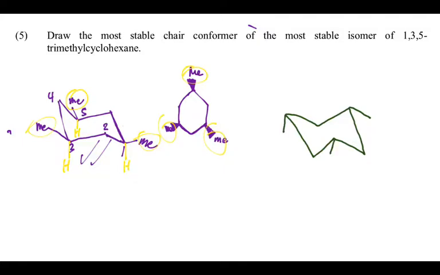This is good, except you see this substituent here. It's fine the way you drew it, but you want to draw it like this, and the other one a little bit more angled, less angled, so it's really equatorial. How do you know which way?